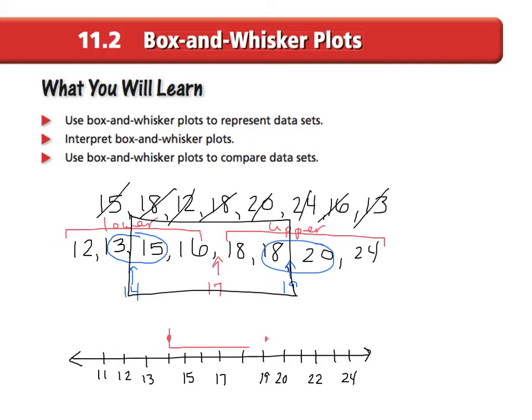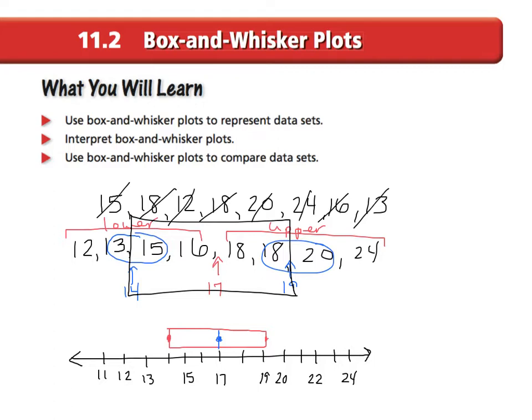That's what makes your box. That is where most of our data occurs. Now in the middle, you're going to take the median, which is 17, and you draw a line, and that 17 represents the median of all of the data.